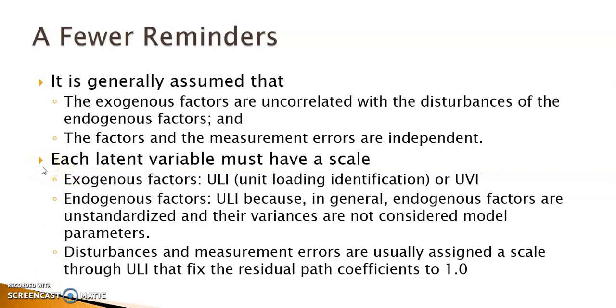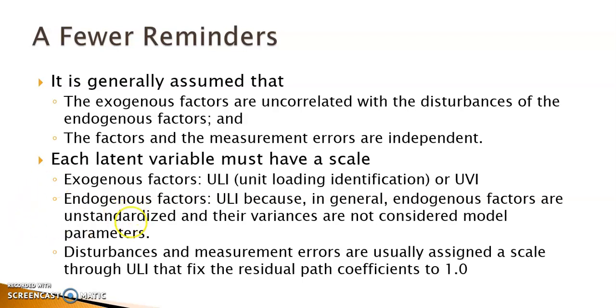Second, we need to have the same considerations in the measurement model as in the CFA. Most importantly, each latent variable must have a scale. For exogenous factors, we could accomplish it by either assigning a reference variable or fixing the variance to 1.